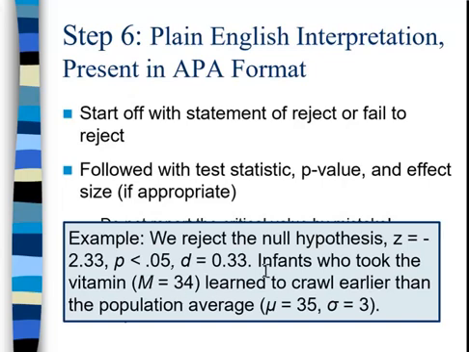So that's all you can really report. So we say infants who took the vitamin and their mean was 34. We state that in parentheses. Learned to crawl earlier than the population average. And there's the population mean and the population standard deviation in parentheses. Again, the Greek letters and the English letters, if you're typing this, should all be italicized.